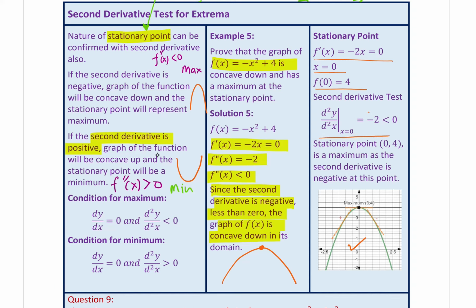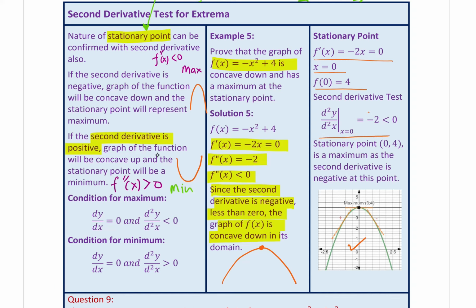For minus 1 it is minus 12, and for 3 it is plus 12. So a negative value, which is less than 0, indicates a maximum, correct? So at minus 1, we have a maximum, and at 3, we have a minimum.